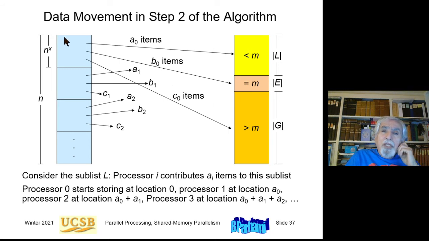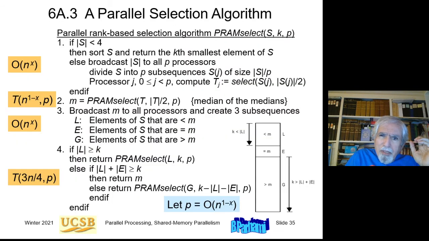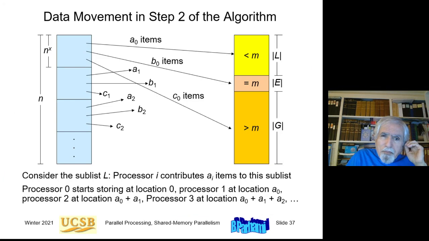Each processor, once we know what m is, if you go to the algorithm, at this point in step 2, we know what m is before we go into step 3. So we already know what m is.